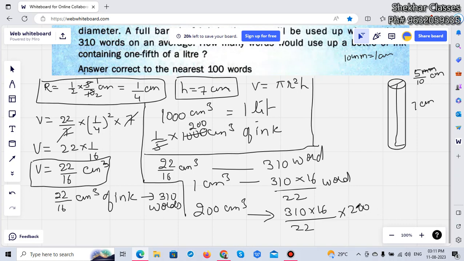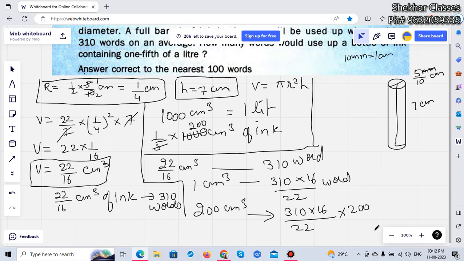So let's see here, if we calculate, what is the calculation that we have? Can we cancel something?